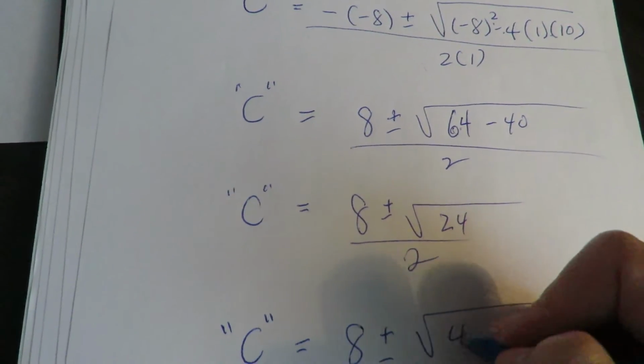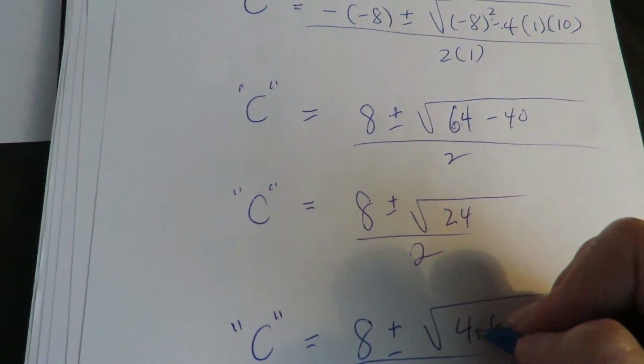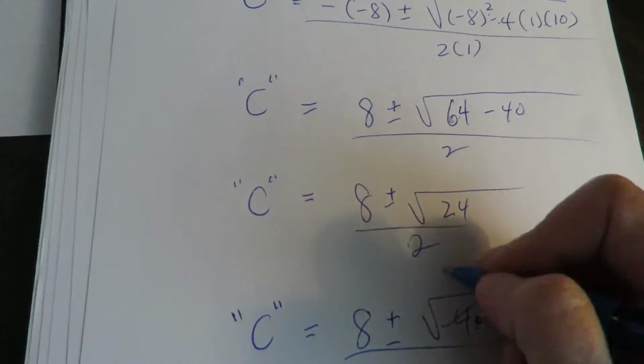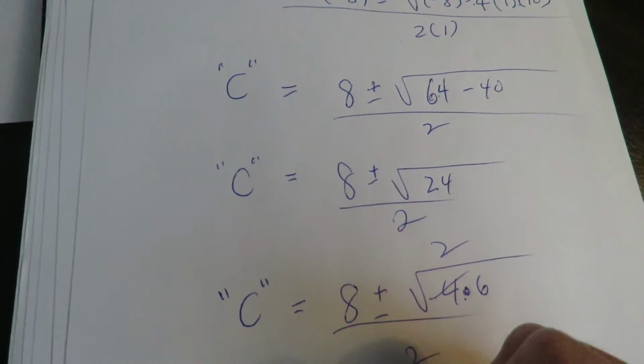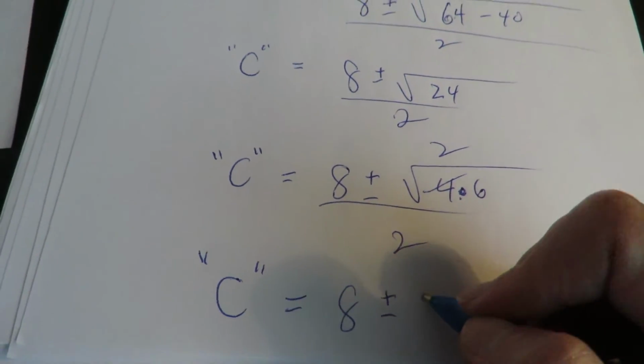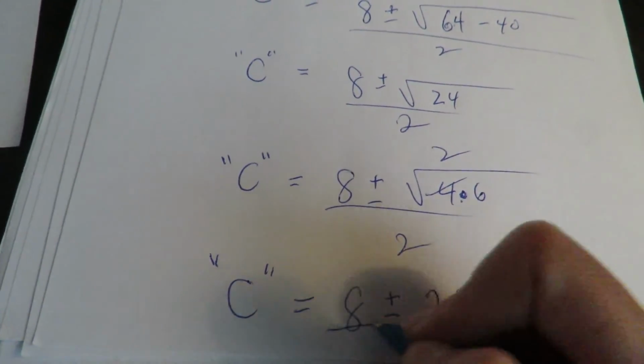The biggest perfect square in 24 is a 4. So the 4 comes out as a 2. When it comes out, make sure that you put it in front of the radical.